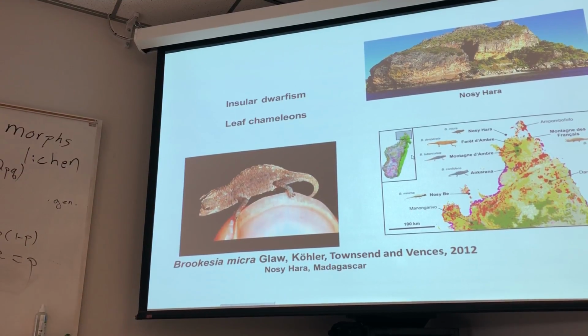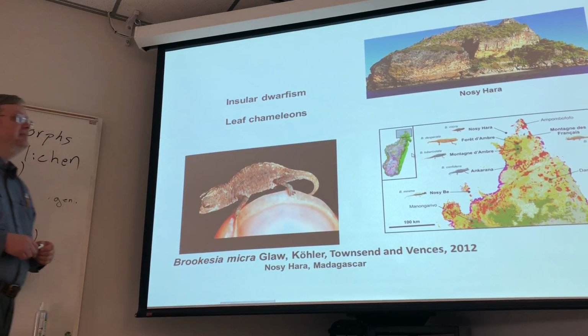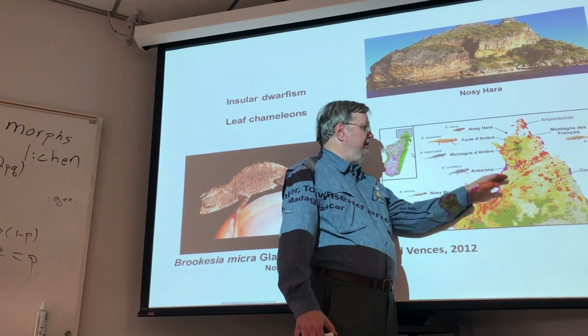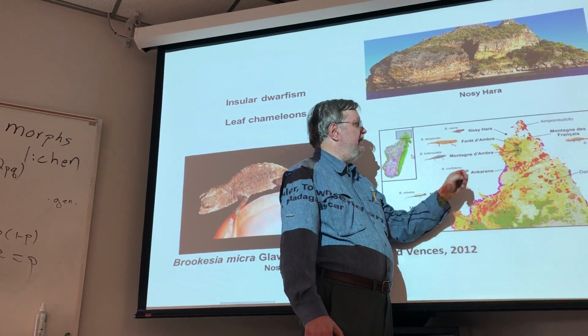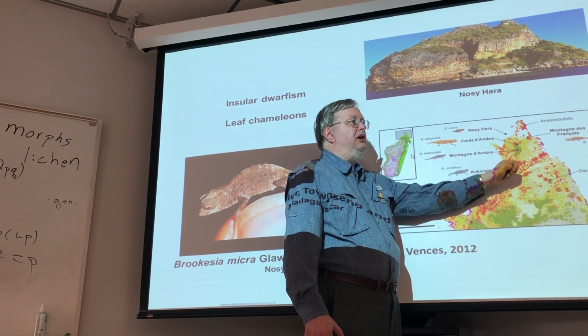Insular dwarfism can occur in other species. This is from chameleons on Madagascar. The mainland chameleons are larger in size. When you get out to some of the island types, they tend to get smaller.